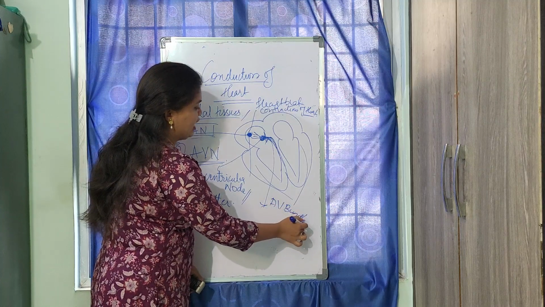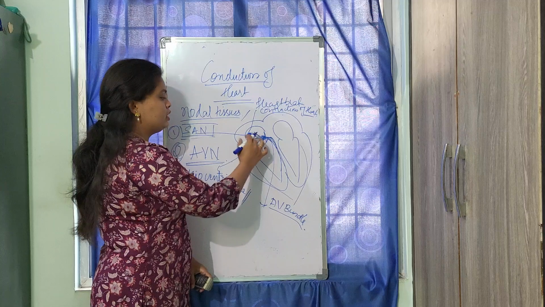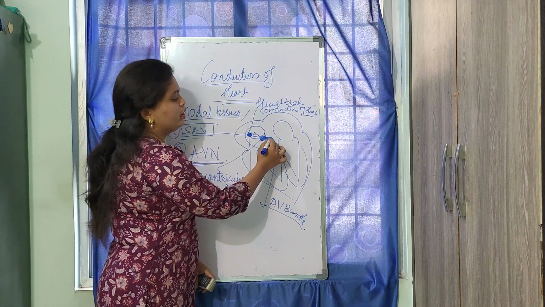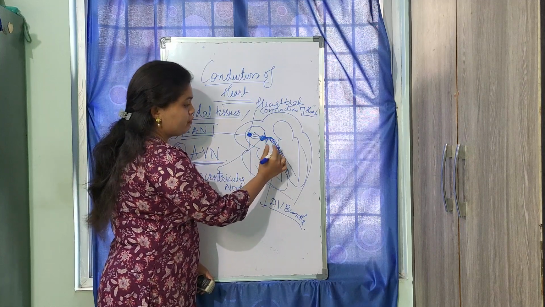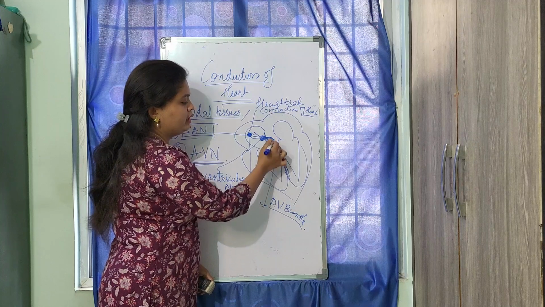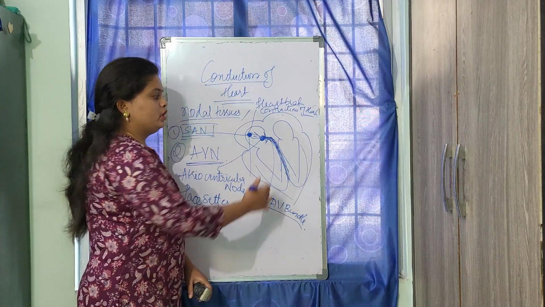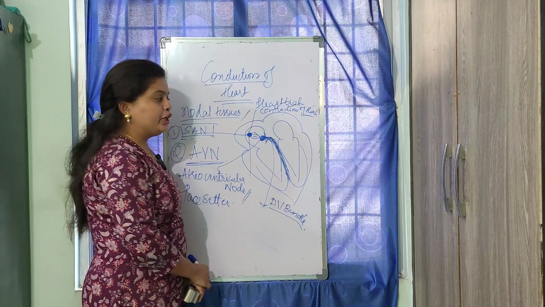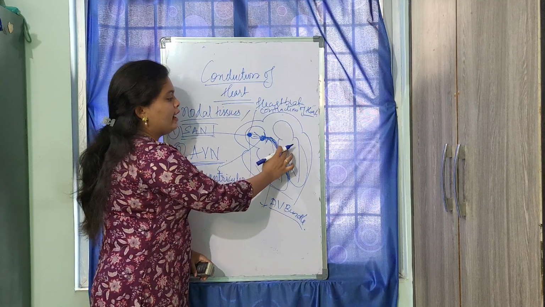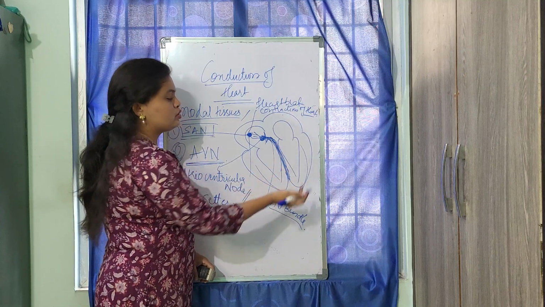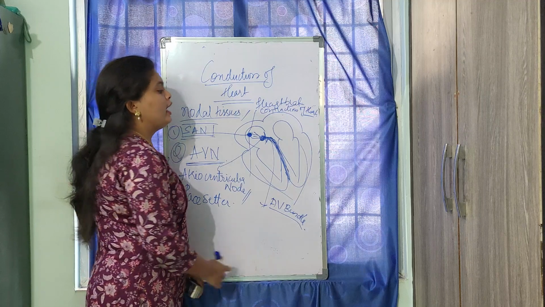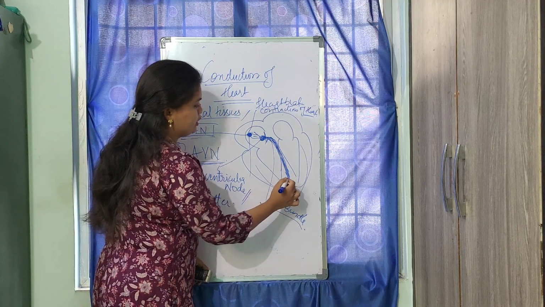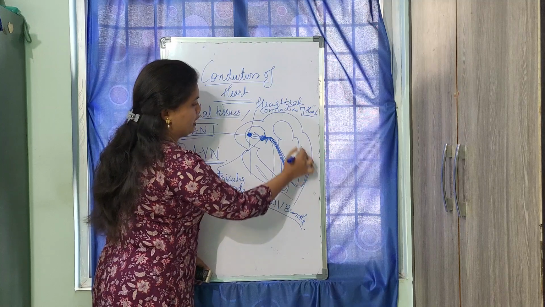It is going to carry the nerve impulse from the AVN and spread it in the interventricular septum, so that the ventricles also receive the nerve impulse. At this junction it will separate into two parts.